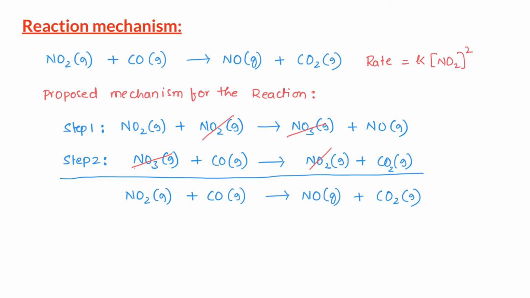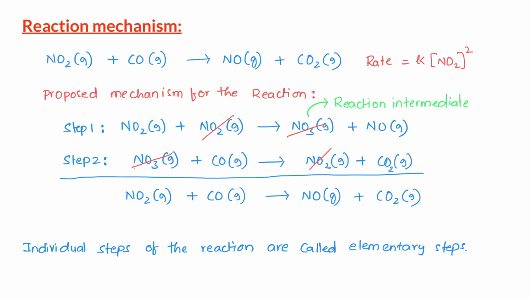The species NO3 is formed in step 1 and consumed in step 2, and therefore it does not appear in the overall reaction equation. These kinds of species are called reaction intermediates, and the individual steps of the reaction mechanism are called elementary steps.